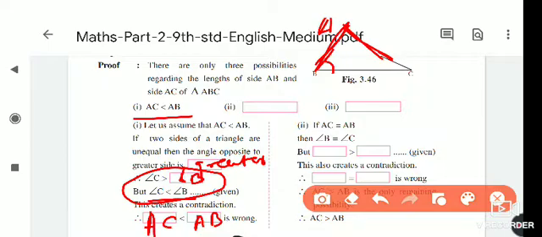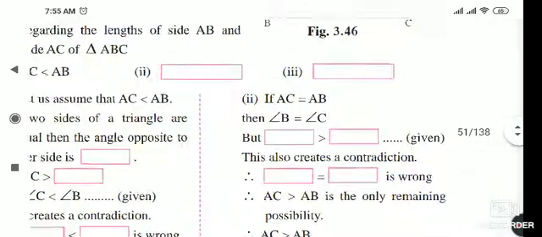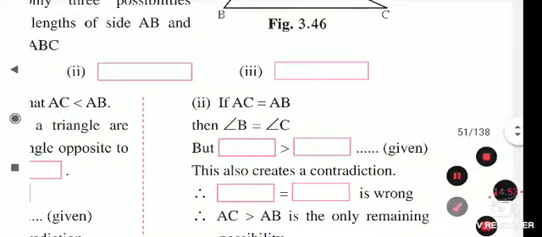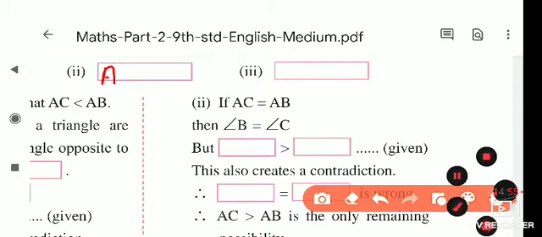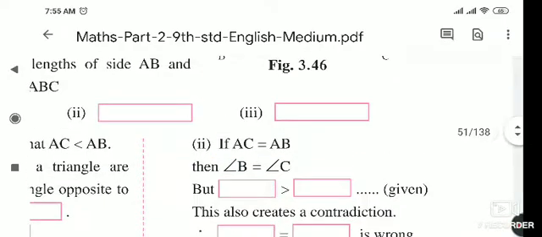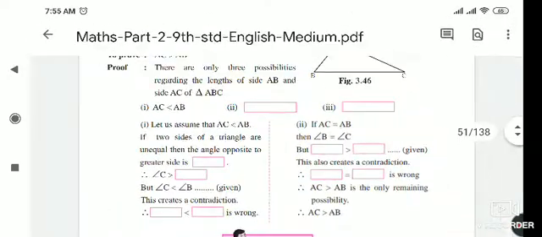Okay, now after this we will move towards the next one. The second possibility may be AC is equal to AB. If AC is equal to AB, then it is an isosceles triangle, and an isosceles triangle's base angles are congruent to each other.